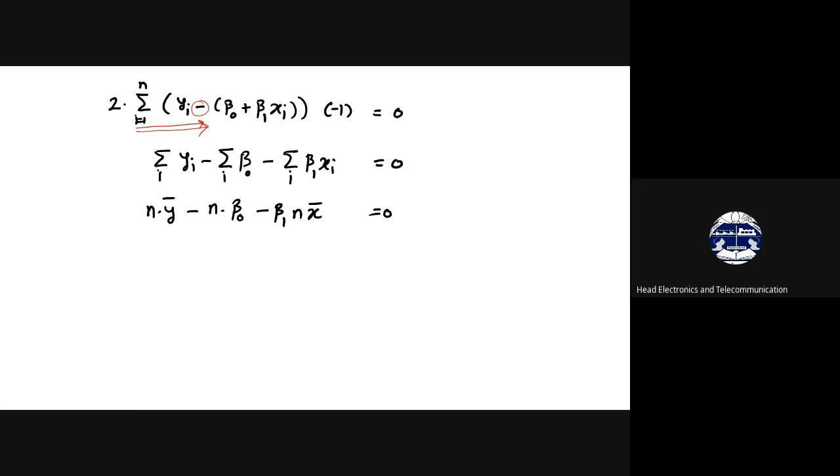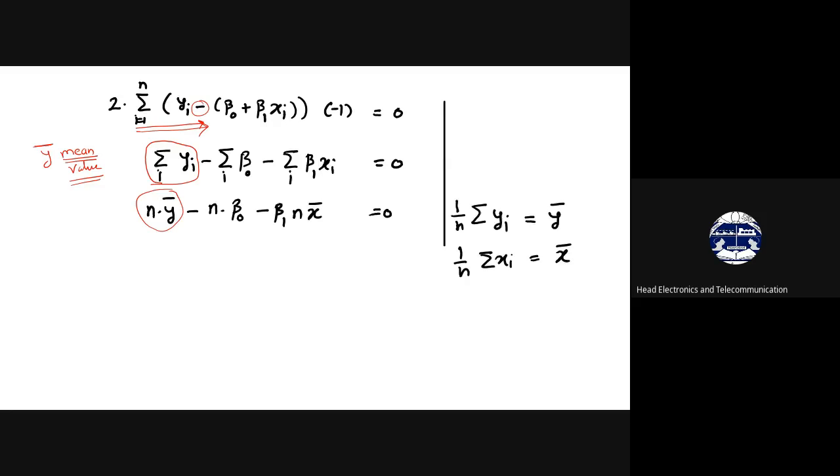Now see what I'm doing is, for this particular term, I am writing this term where y bar is the mean value. What is y bar? Y bar represents the mean, which is nothing but the summation of all y's, i equal to 1 to n, divided by n.